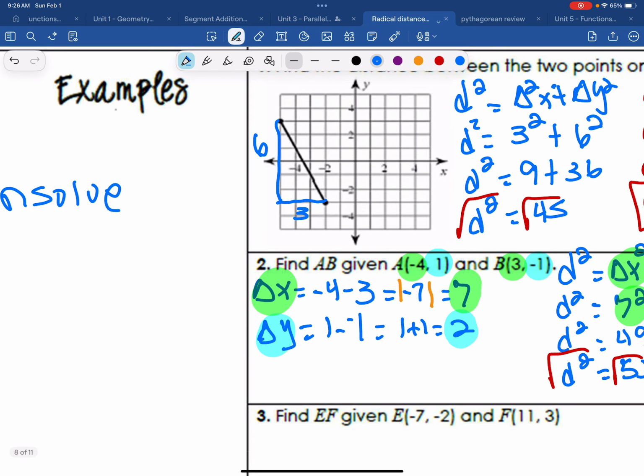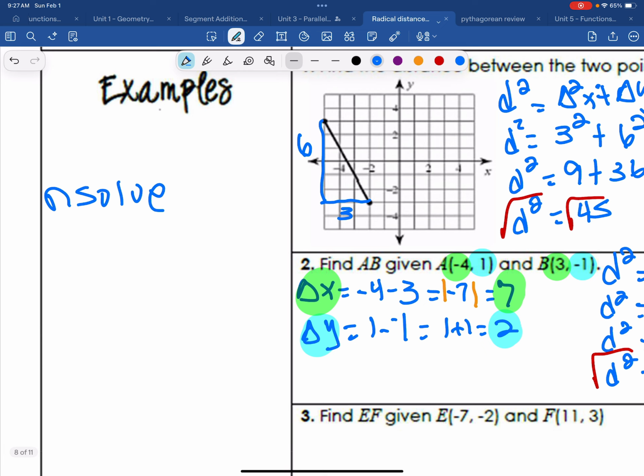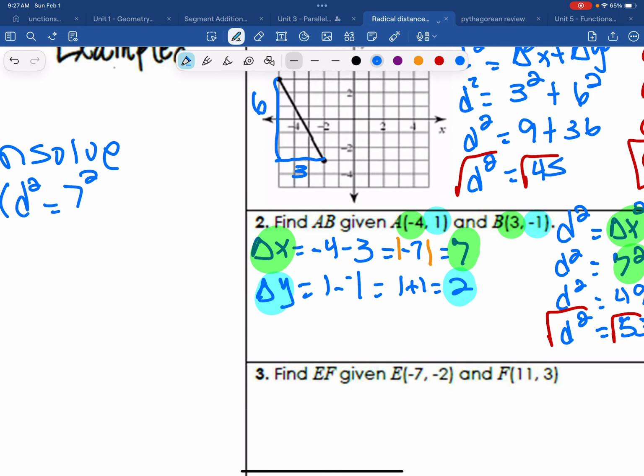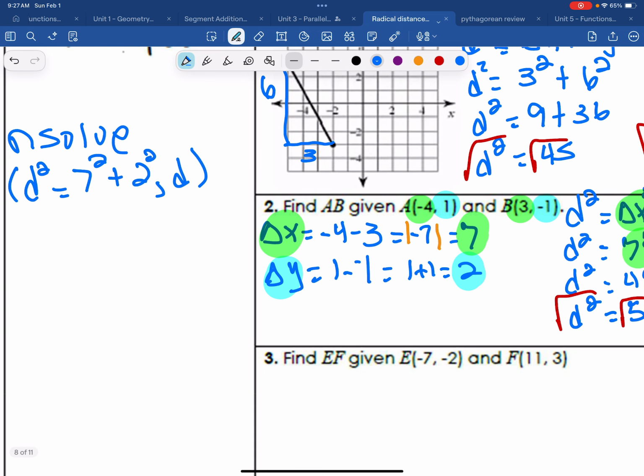What you would put into your calculator is d squared equals 7 squared plus 2 squared, and then you put comma d, close your parentheses, hit enter, and you're going to get that d equals 7.3. Remember to round to the nearest tenth.